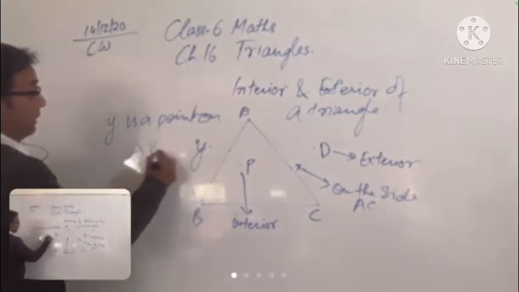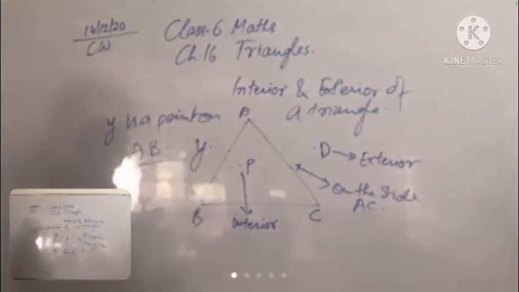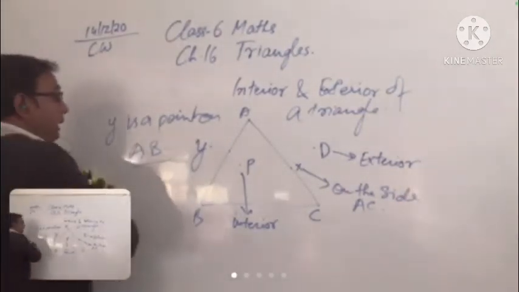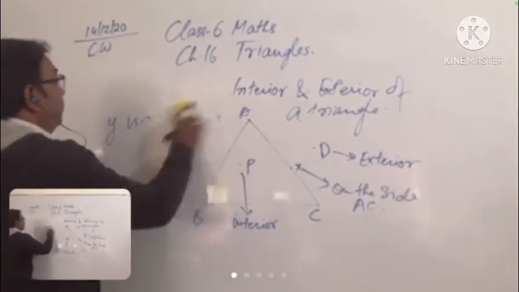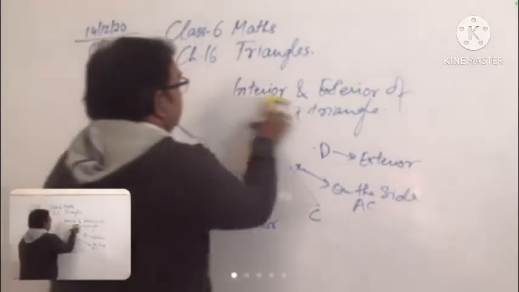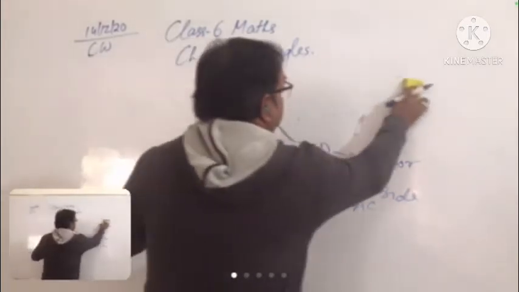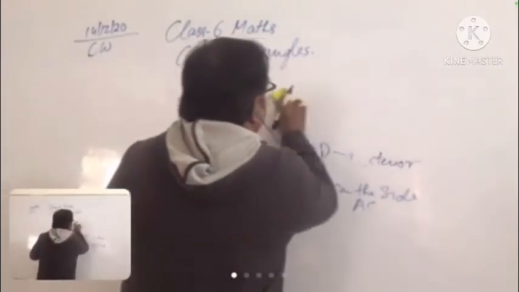So there is another point Y. This Y is a point on side AB. I think now exterior, interior, and on the triangle is clear to everyone.